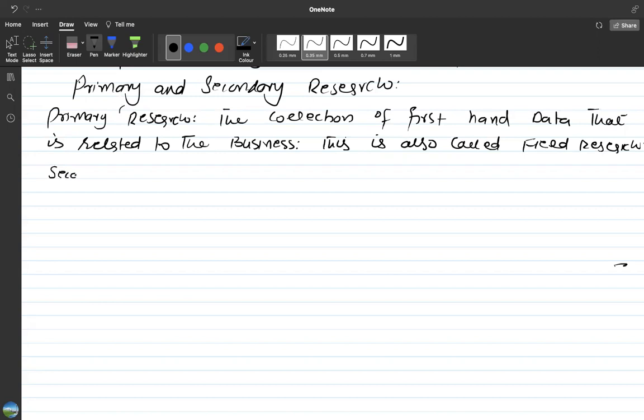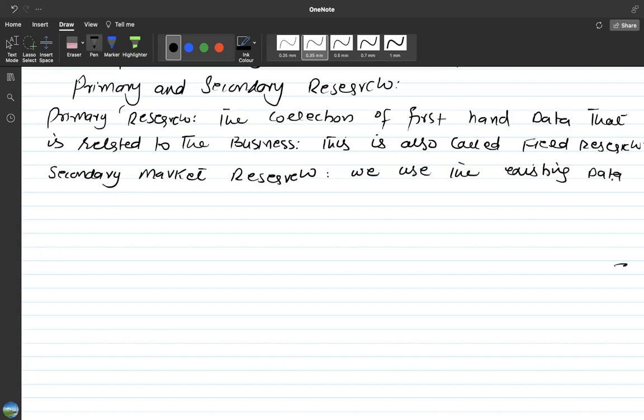Then we have secondary market research. In secondary market research, we use existing data that was originally collected by some other person.